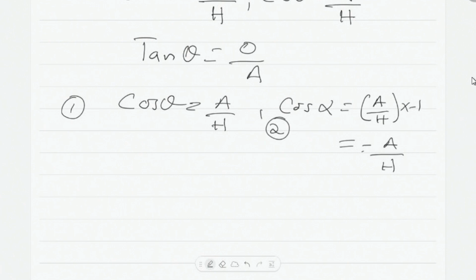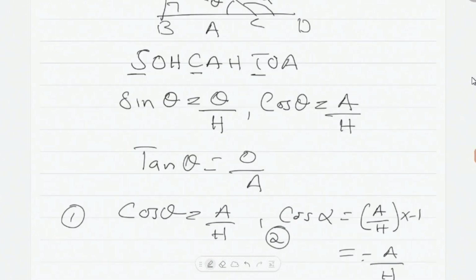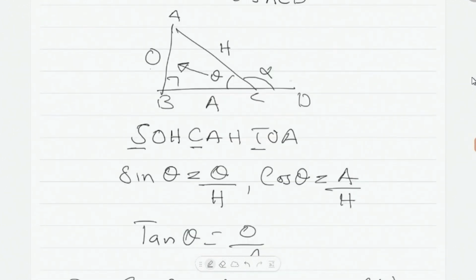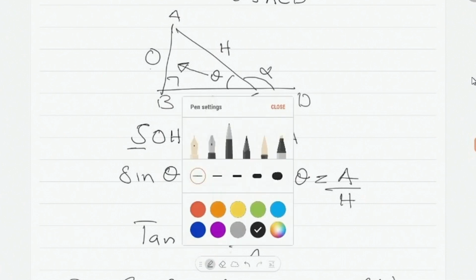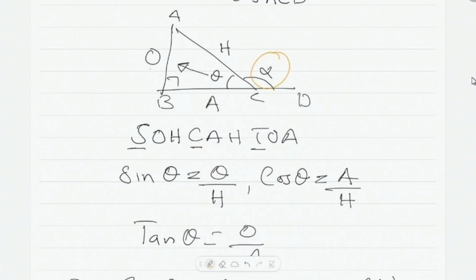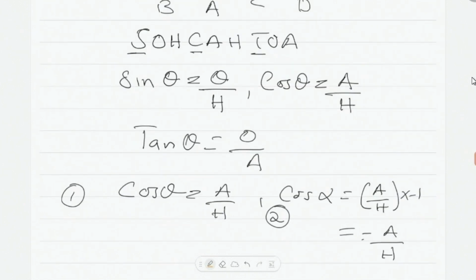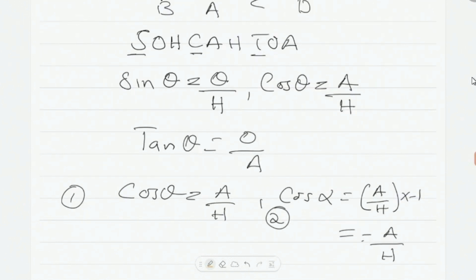And when you look at the exterior angle alpha, this part here, you realize that this alpha is an exterior angle. So what you can do is you can subtract from 180, or you can just simply multiply the ratio of the adjacent to the hypotenuse by -1 in order for you to find the cos of an exterior angle.